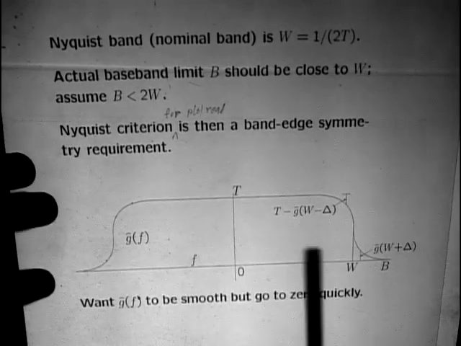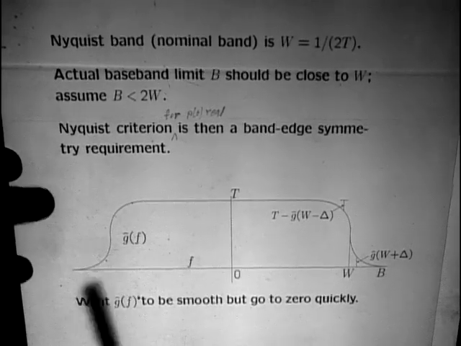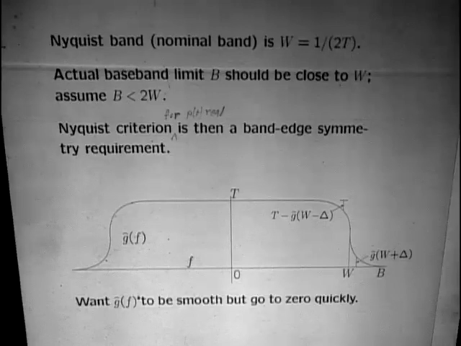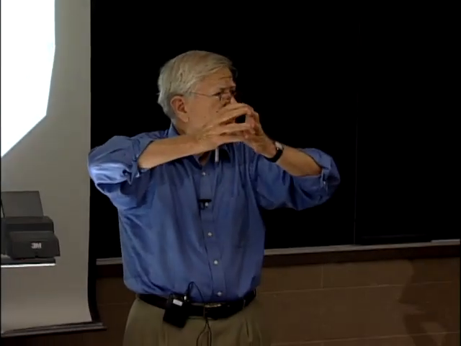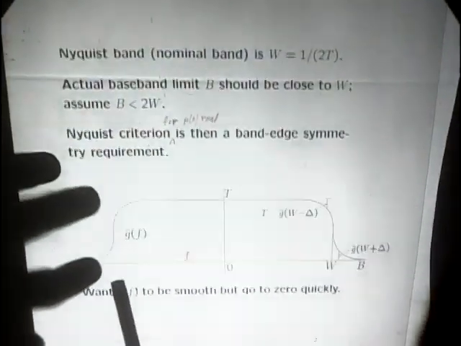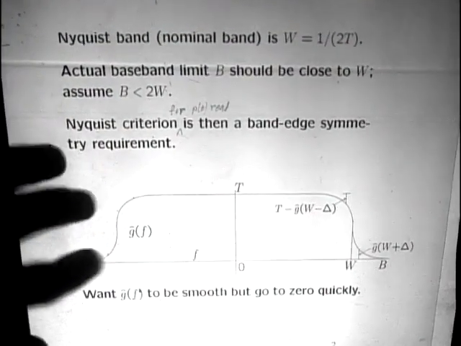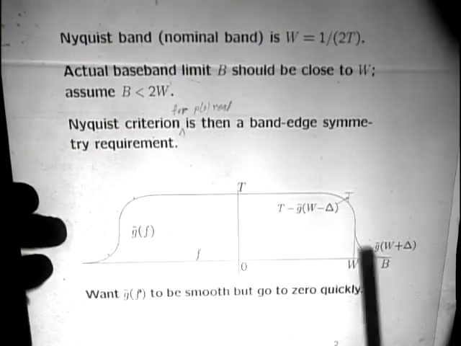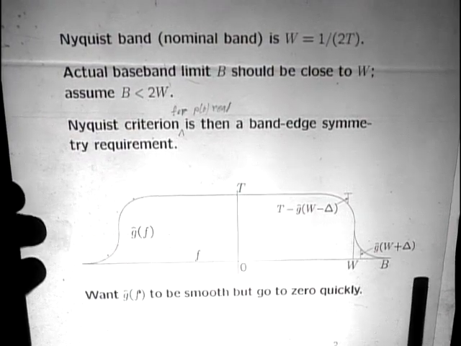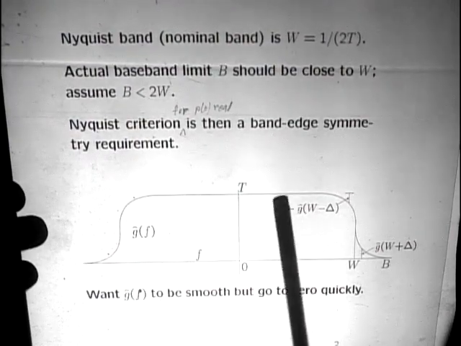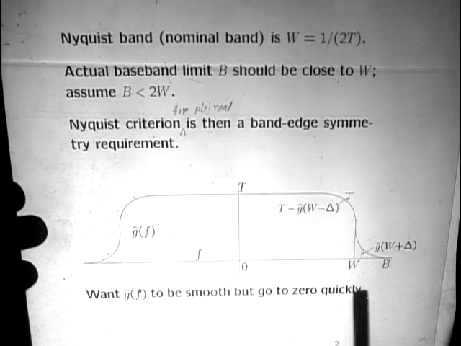When you try to design a filter that way, and you satisfy the Nyquist criterion, which is talking about all of these bands all the way out to infinity, and the fact they have to add up in a certain way, if this function has to go to 0 before you get out to 2W, then the only thing you have to worry about is what this waveform looks like here.